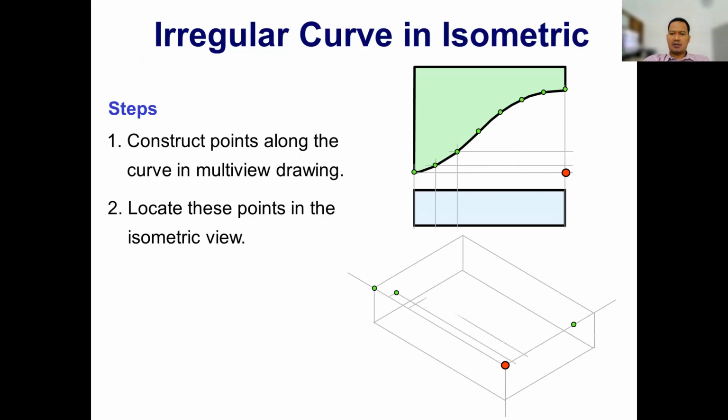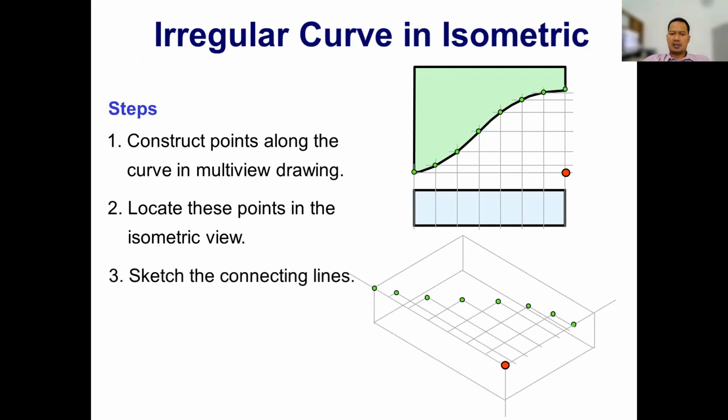For example, we have several points here. And then construct or sketch the connecting lines or curve. And then draw another face with the same distance like this. Then construct the curve or the connecting line.